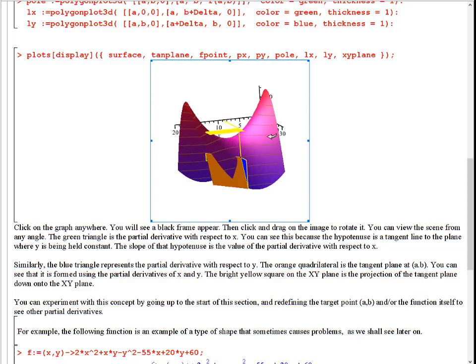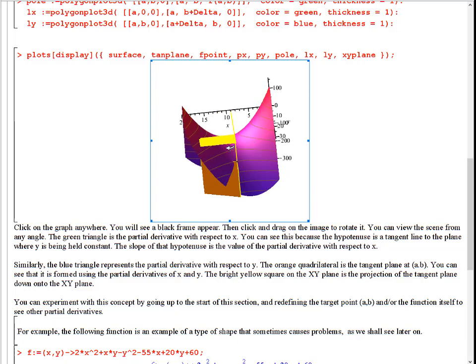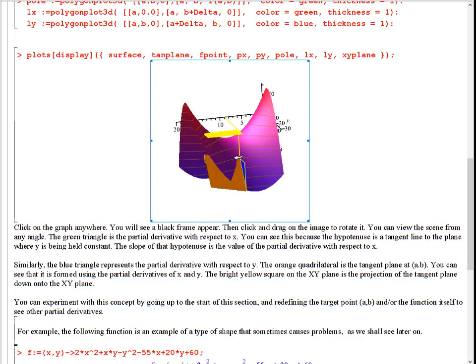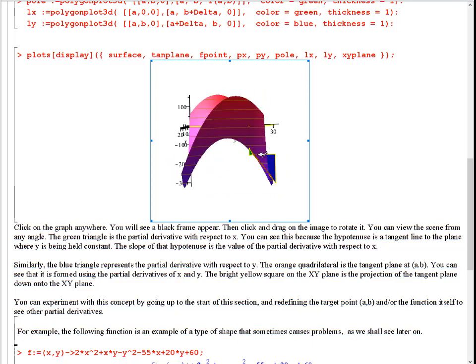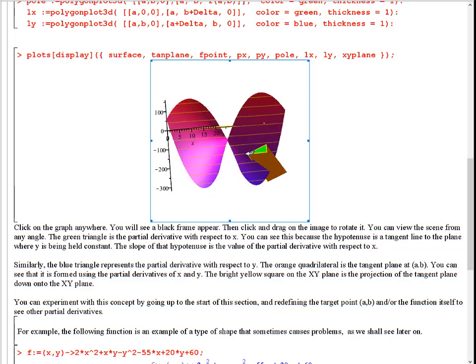We see what happens. So you should be able to see from the way this is fitted onto the plane that if we keep y fixed and we move in the x direction this way, then we would move up. So you're moving in this direction, the x direction, it goes upwards the way that plane is tilted. So again, the partial derivative with respect to x, keeping y fixed, is positive, but quite small, it's a gentle slope.